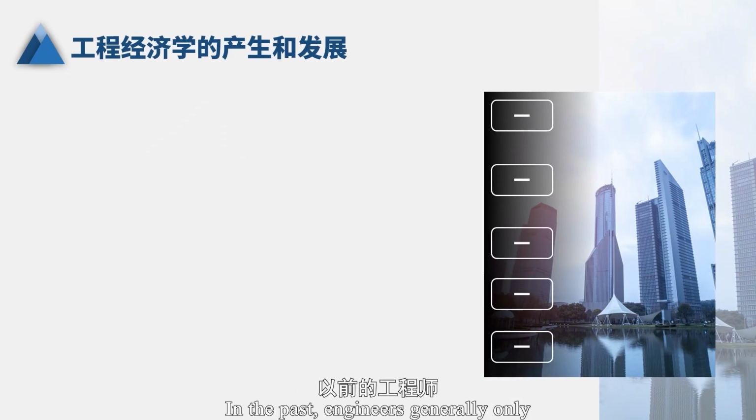In the past, engineers generally only took responsibility for technical issues related to engineering design, construction, and usage, with little consideration given to the economic aspects of engineering.